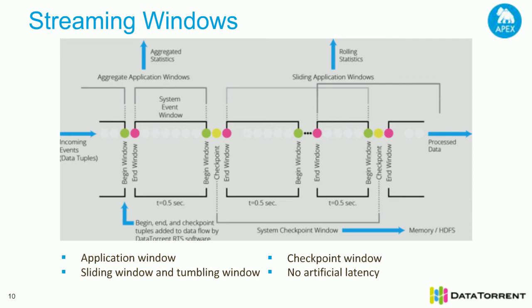So some of the windows are marked boundary. So this is how we get a consistent state snapshot, and then we can use at any point in the DAG as an incremental recovery those state snapshots to recover an operator.